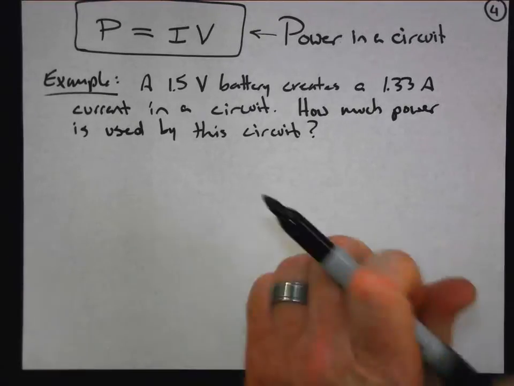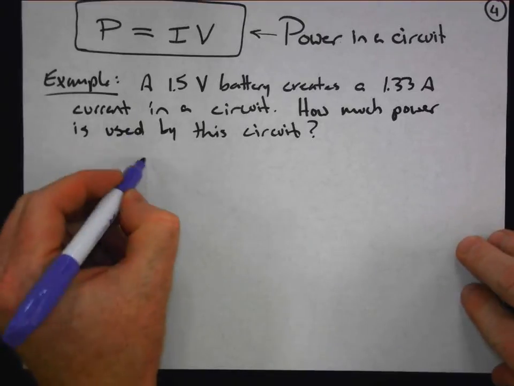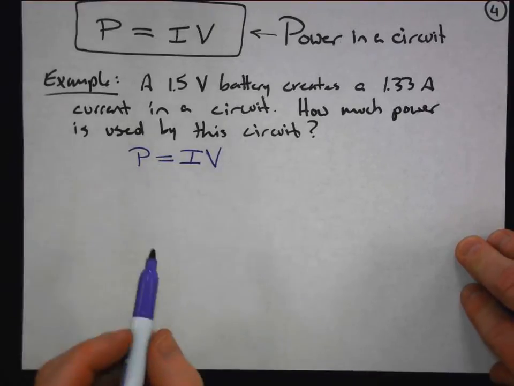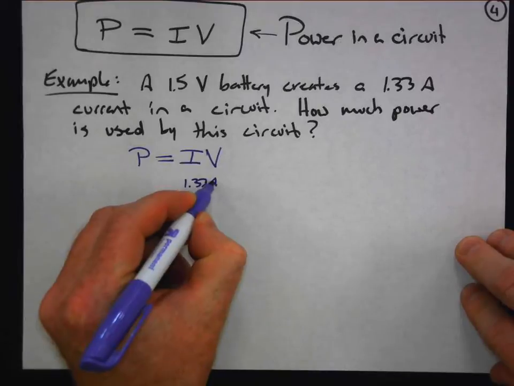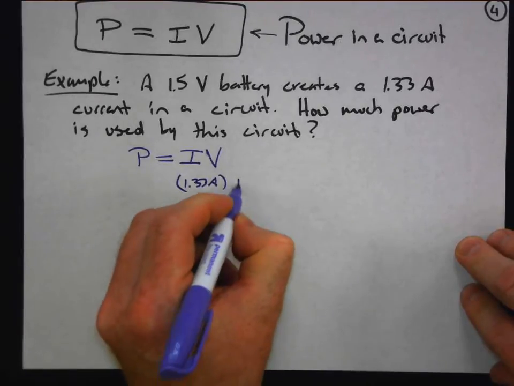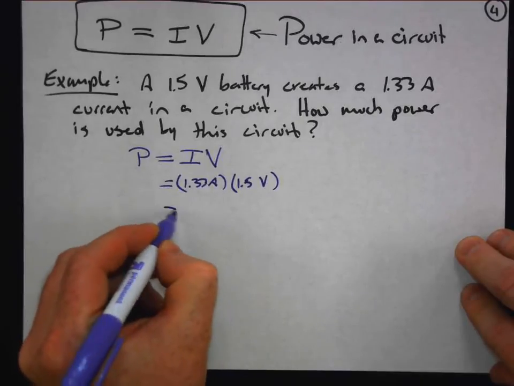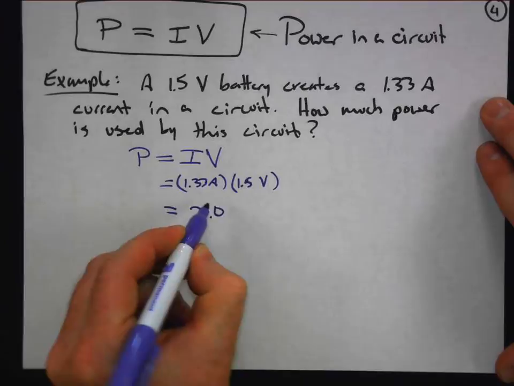So here's what I've got to do. I know the equation for power. Very straightforward. Current times voltage. So I know the current is 1.33 amps. And I know the voltage is 1.5 volts. And when I do this math, I get a power of 2 watts.